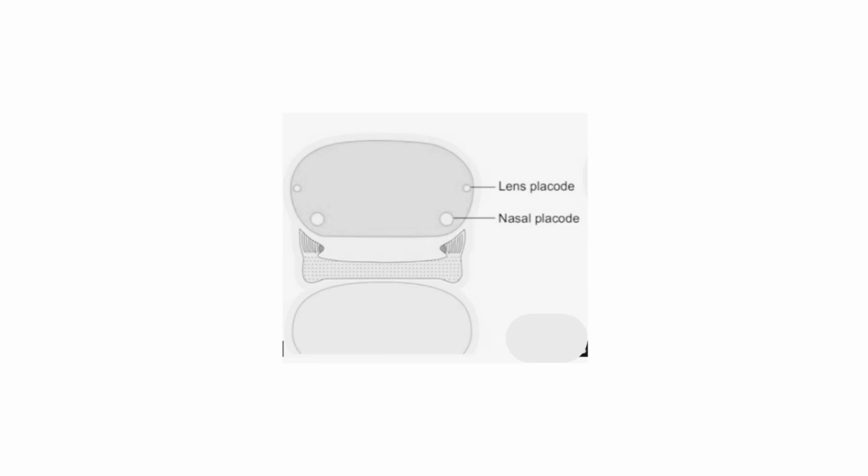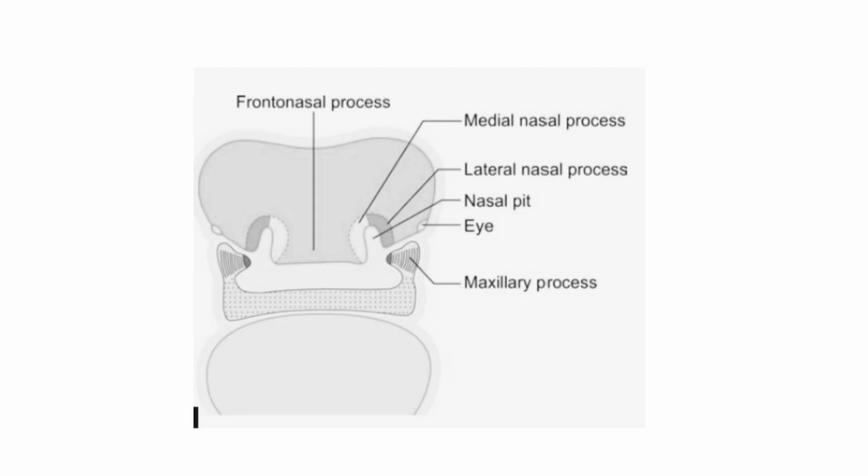These placodes sink below the surface and form nasal pits, which are continuous with the stomodeum below. The edges of each pit are raised above the surface. When raised medially, it is your medial nasal process, and when raised laterally, it is your lateral nasal process.